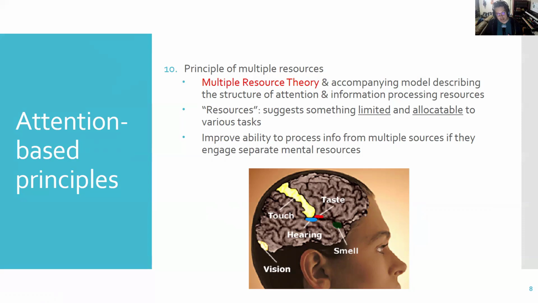So what this theory says is, well, we know those resources are limited, but if we distribute the task across these resources, these sensory resources, these working memory resources, these response motor resources, that's also part of it. If we can spread across those different channels, then we can have a more efficient information processing system.